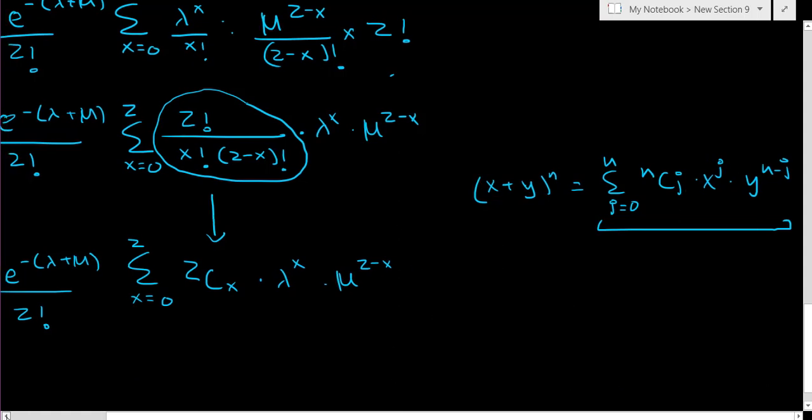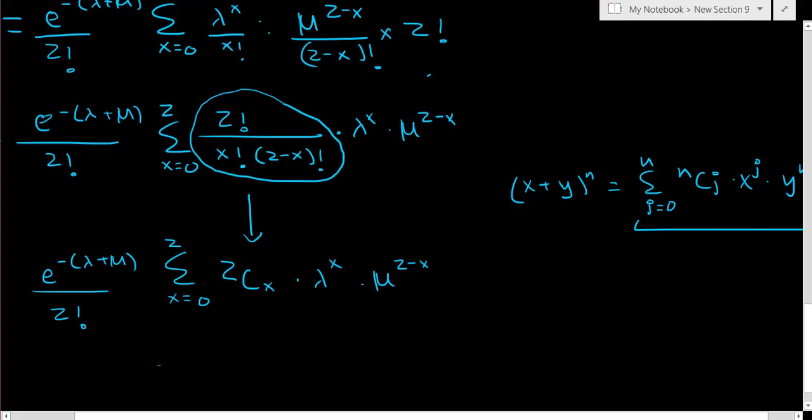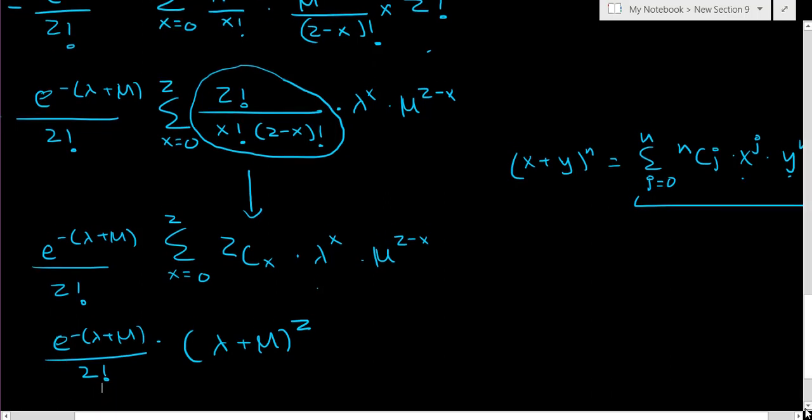So it is exactly the same thing, and this can be written as (lambda plus mu) whole to the power of z, since I've got n here and z here. In place of x and y I had lambda and mu. And this becomes e to the power of minus (lambda plus mu) over z factorial. So this is what you have.